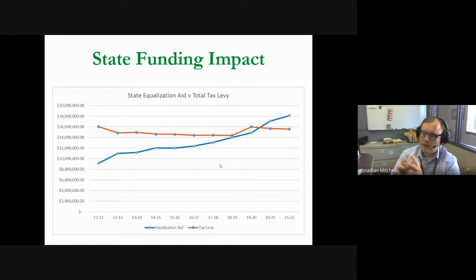You will see here that same increase going upward of equalization aid as the district has been increasing in the number of students with a stable property valuation within the community. We're landlocked, so we don't have large new developments happening in the community. But at the same time, we have kept that tax levy flat to declining over the last 10 years.